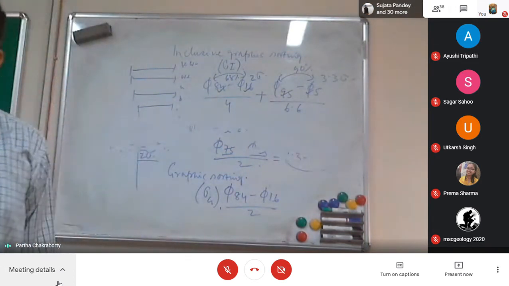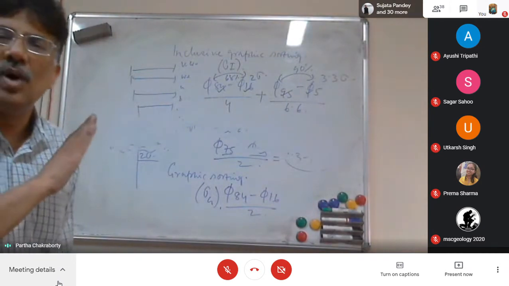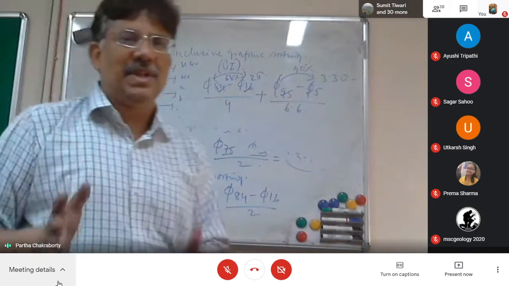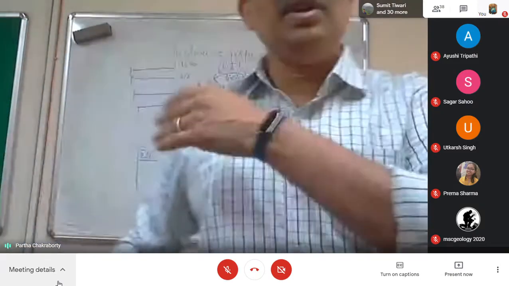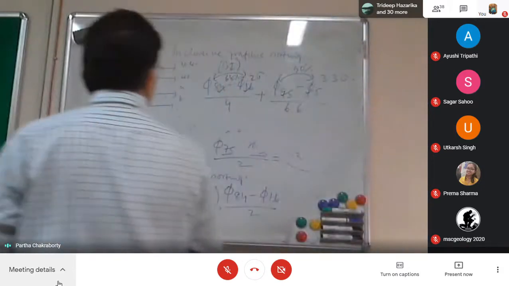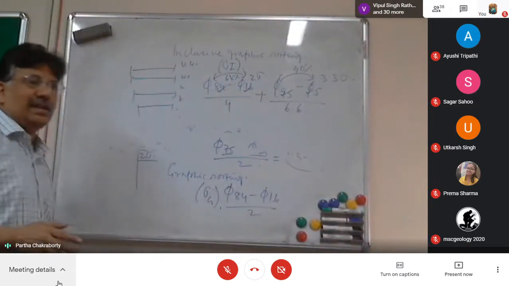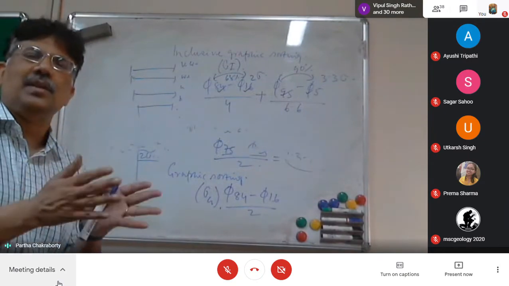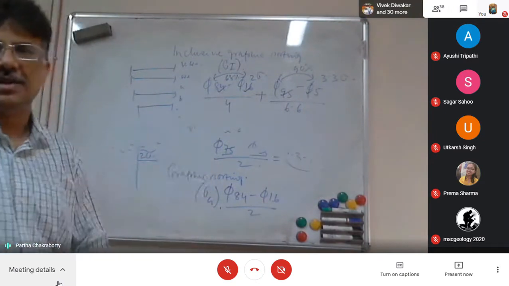If the value is more than 1, then you are more and more poorly sorted. This is the general idea, but further subdivisions you will get in any book. So if you have less than 1, it means you are more well sorted.